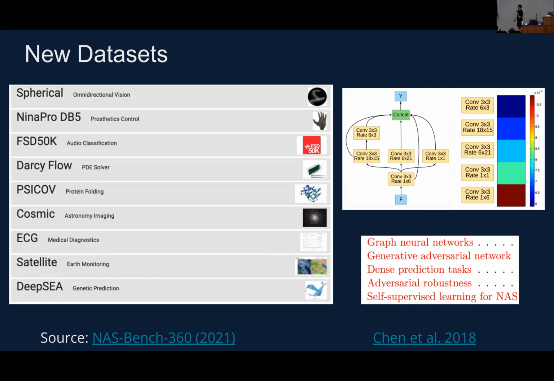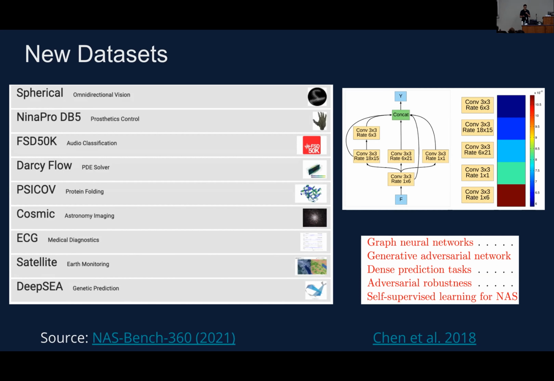There's a nice line of work by Amit Talwalkar and his group that shows NAS algorithms can work well on very diverse tasks, such as protein folding, PDE solving, astronomy imaging, and so on. Today neural architecture search is being applied to graph neural networks, GANs, dense prediction, and adversarial robustness.